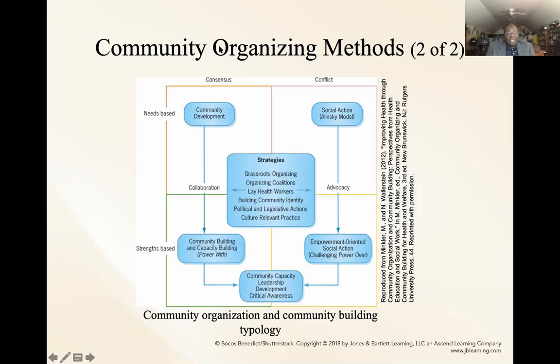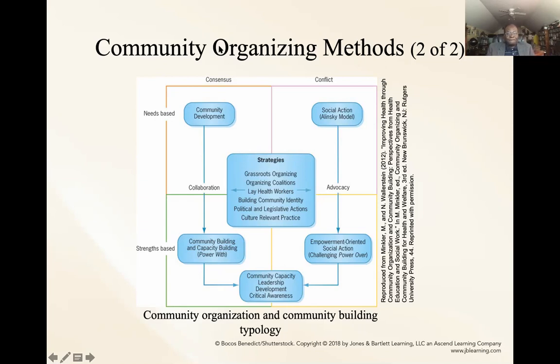And here you see, you start with the grassroots, organizing coalitions, lay health workers, building community identity, political and legislative actions, culturally relevant practice. All of this helps. They provide us for coalition building, and all of this also provides room for advocacy.